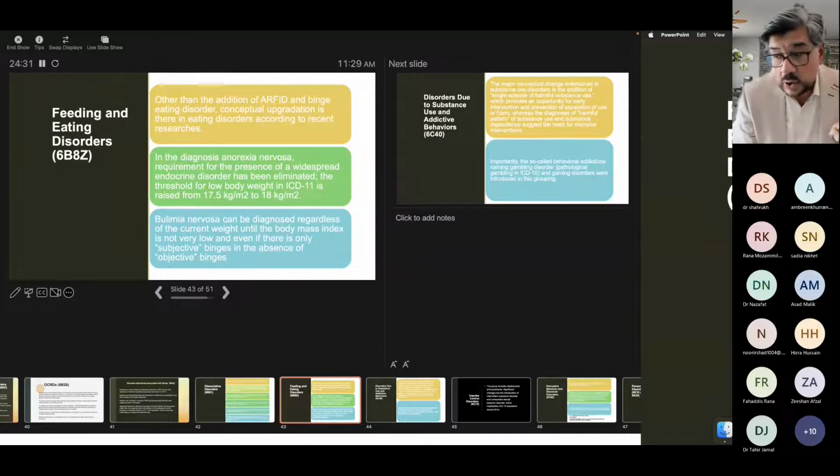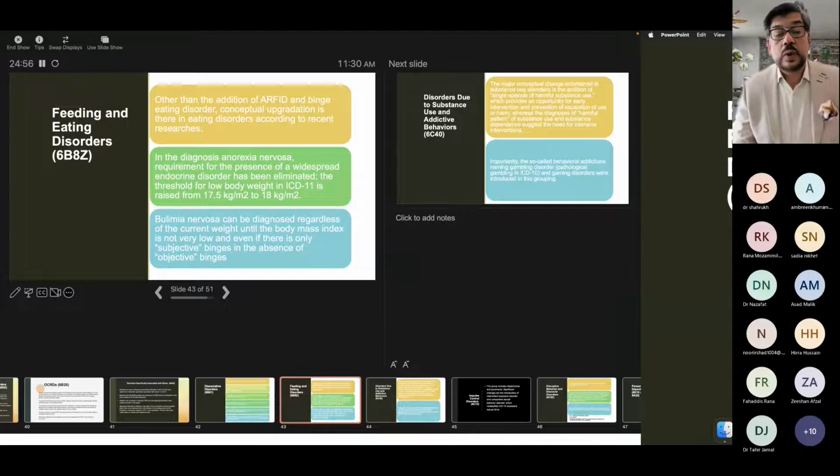And if you broaden it, you will see that lots of celebrities come under the heading of bulimia. Lots of them. Previously, they were not considered as anorexic. Same goes for bulimia. It can be diagnosed regardless of the current weight until the BMI is not very low.